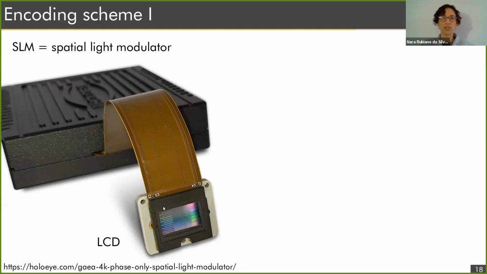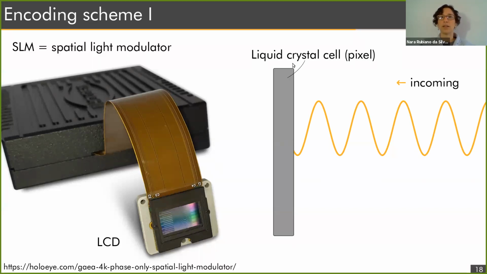And this image that is displayed on the SLM surface will be used to control the light beam. In each pixel of the display there is a liquid crystal cell. The way this device works is that the incoming light will enter the liquid crystal cell, and the refractive index of this liquid crystal can be controlled by the gray level of it.